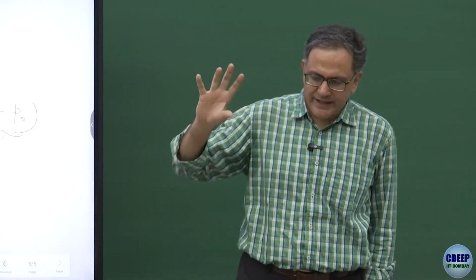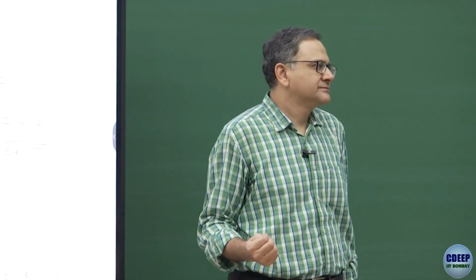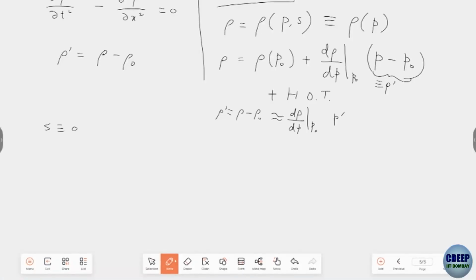The basic fact that I want to use is that in isentropic flow, is this a positive quantity or a negative quantity? If I increase pressure, density should increase. There is no way around it. So all that I am saying now is that the isentropic condition implies that d rho dp is greater than 0 at p0.